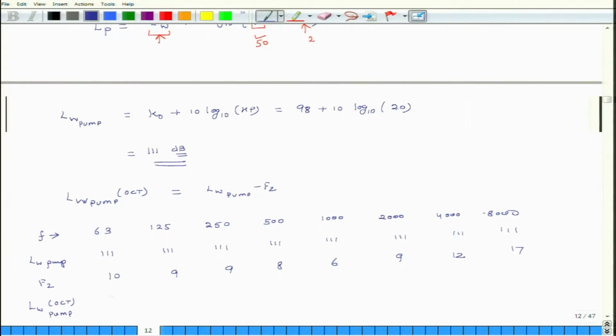It comes to, actually I will write this in a different color, 101, 102, 102, 103, 105, 102, 99 and 94.